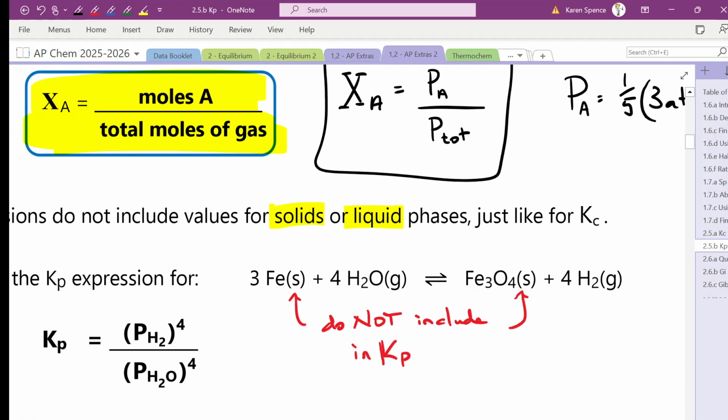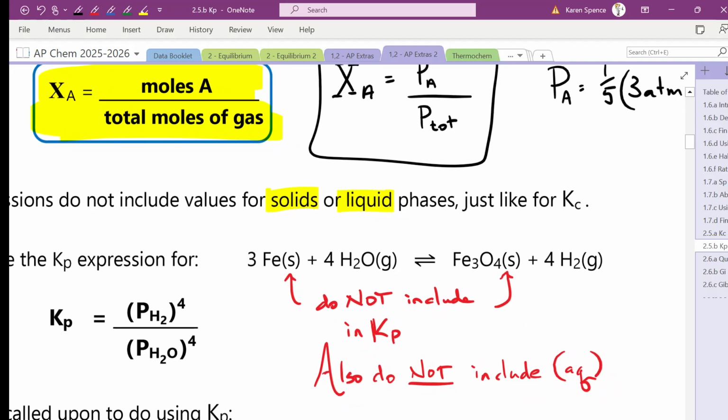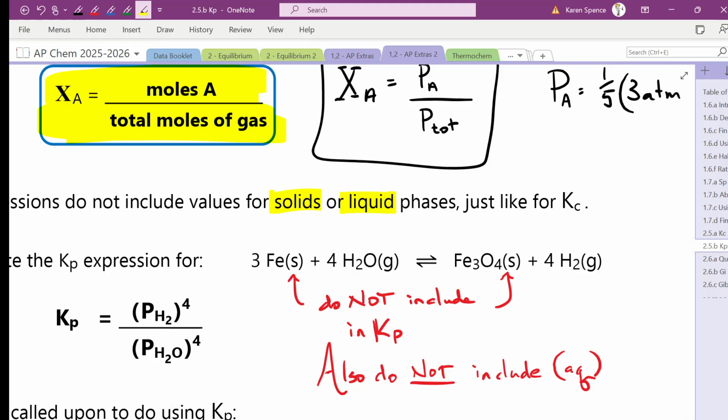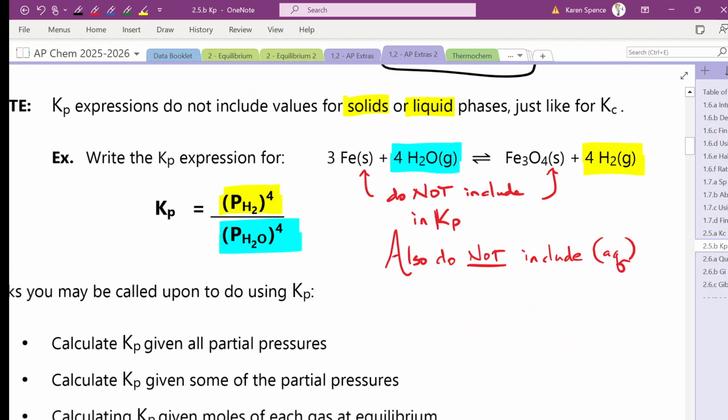Also, do not include aqueous, because aqueous species don't have pressures either. So if we have this particular question here, our product has 4 H2 gas, so that's going to be the pressure of H2 raised to the 4. We have 4 H2O gas, which is the pressure of H2O raised to the 4. All right, and that's it.